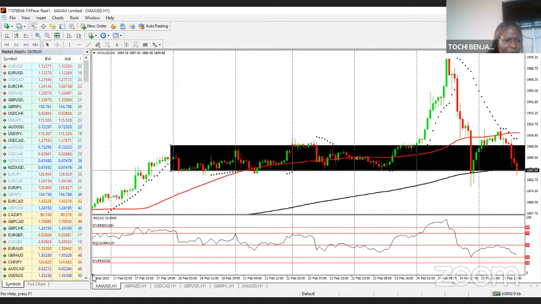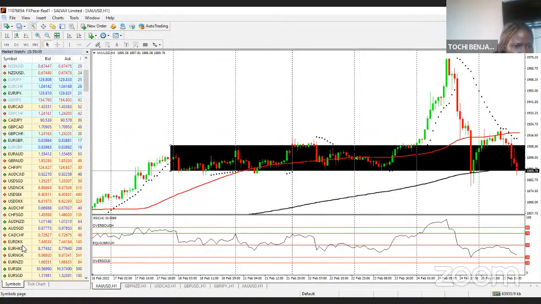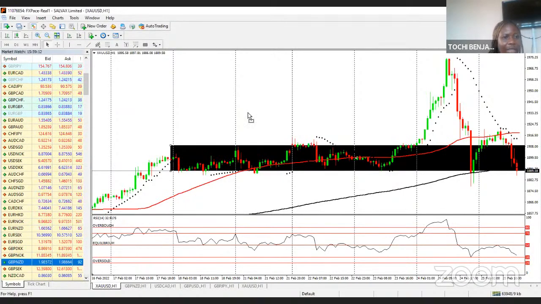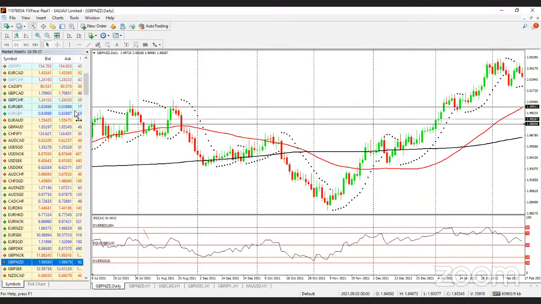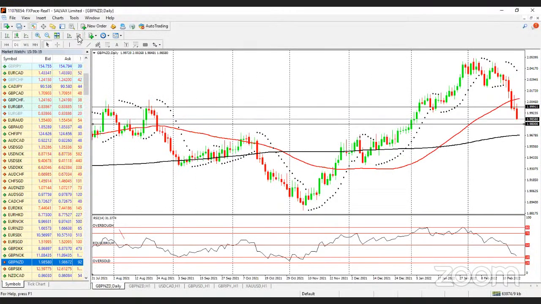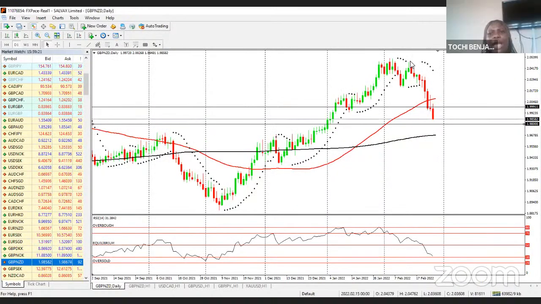Look at GN. If you remember when I started this class, I entered GN. I closed this market by mistake. I entered GN, I remember these names here. This is daily. Look at where, I remember it was this class when we were starting.